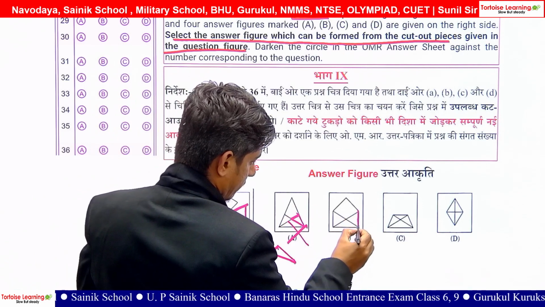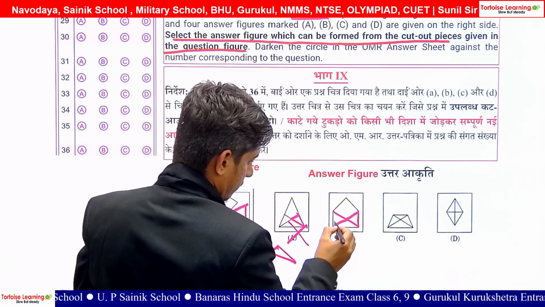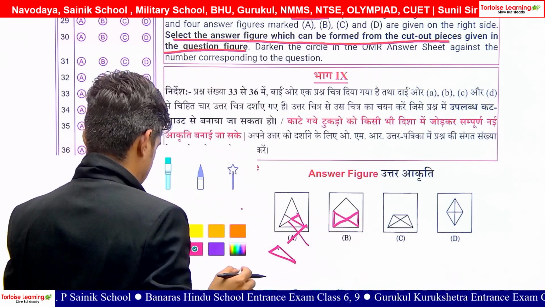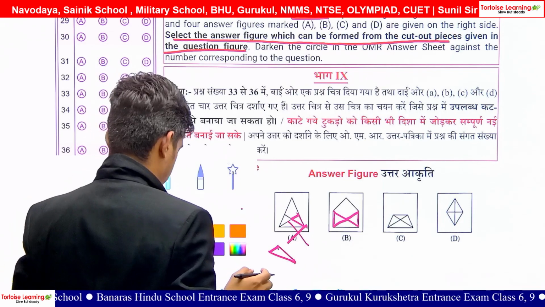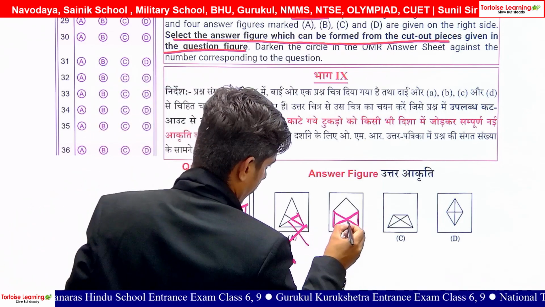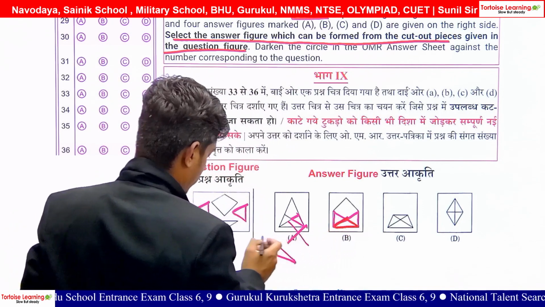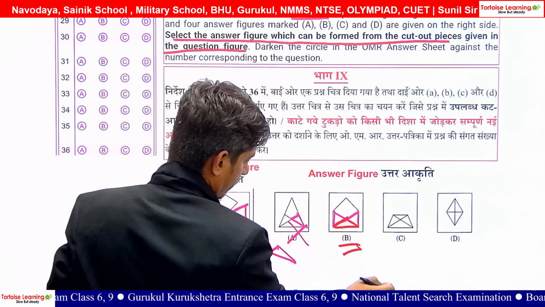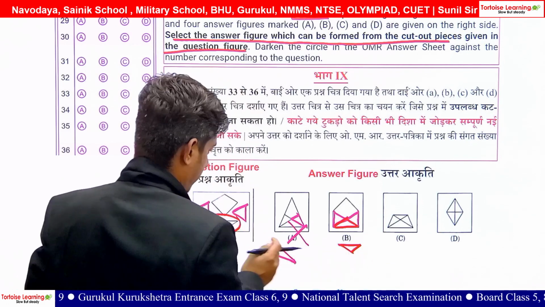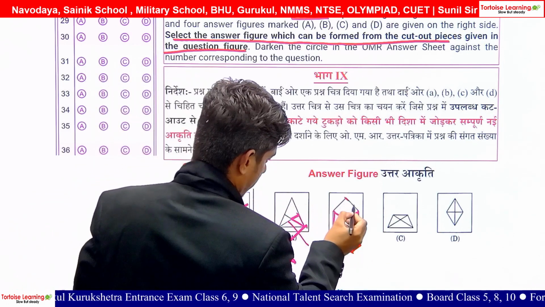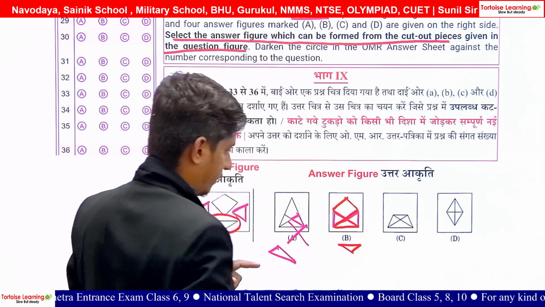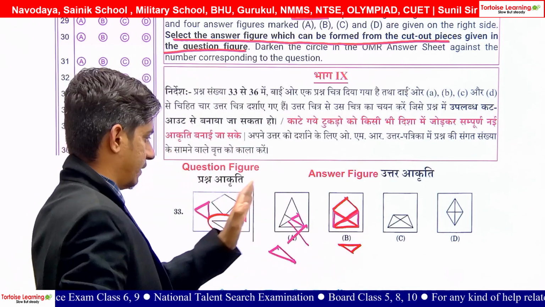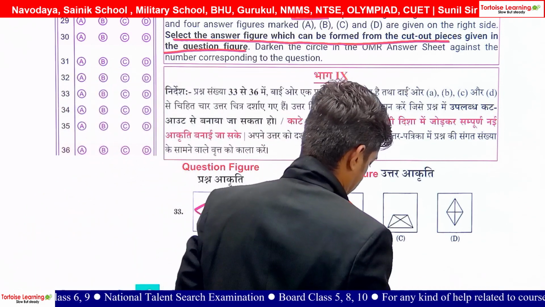If you look at this, 2 arrows are given. Okay, second thing, another arrow and another triangle are given, this is rotated. And next is in the form of a kite. I want this type of figure, this and these are the same, so this will be our correct answer.